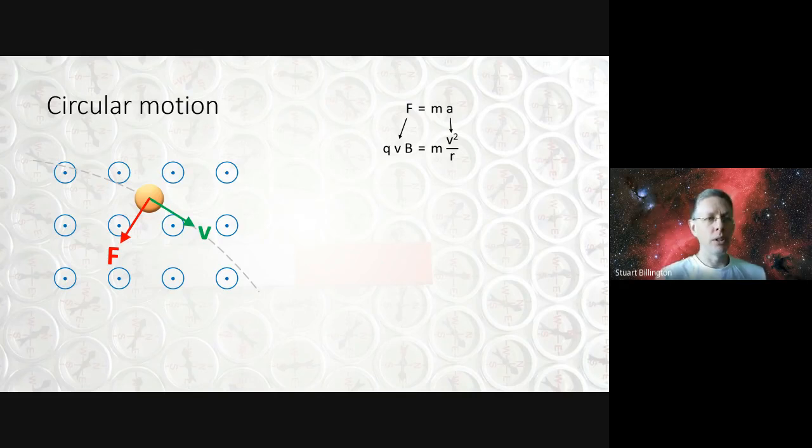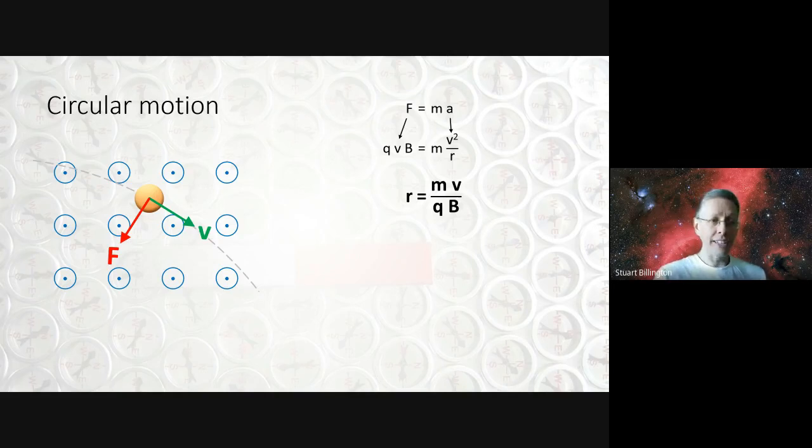You can see that one of those v's cancels on each side, and then we can rearrange it to make r the subject. What this is telling us is that the radius of the circle will be constant, and it will depend on four factors: the velocity of the particle, the mass of the particle, the charge of the particle, and the strength of the external field.